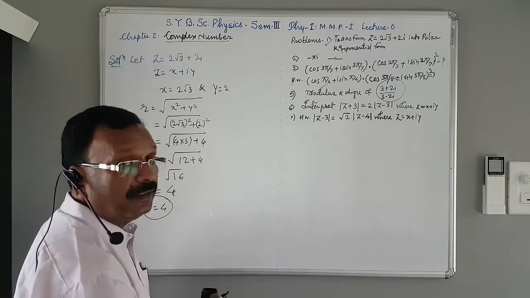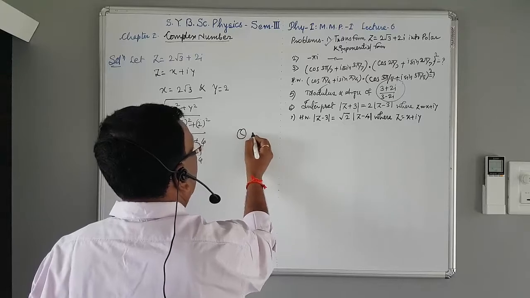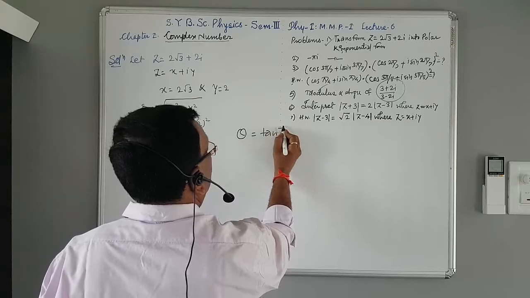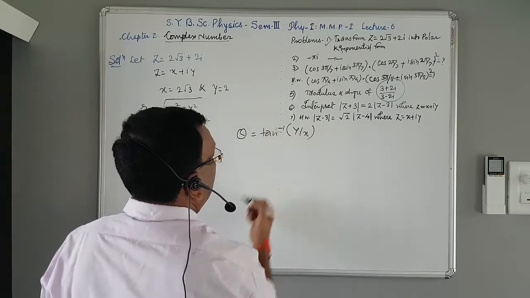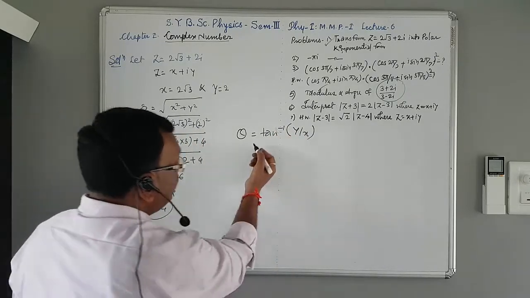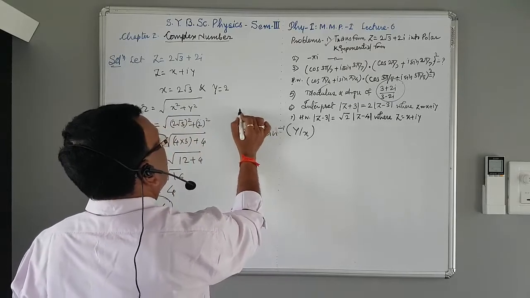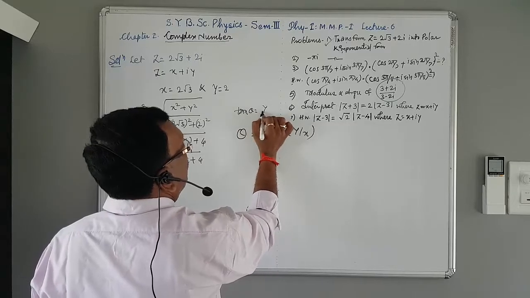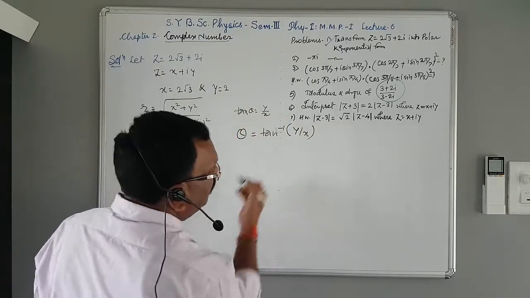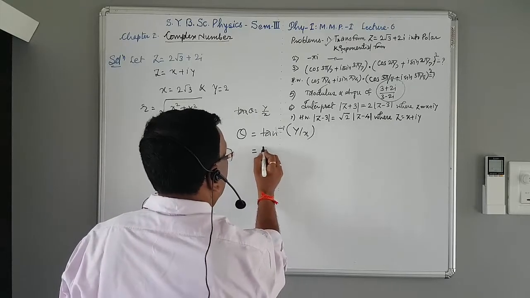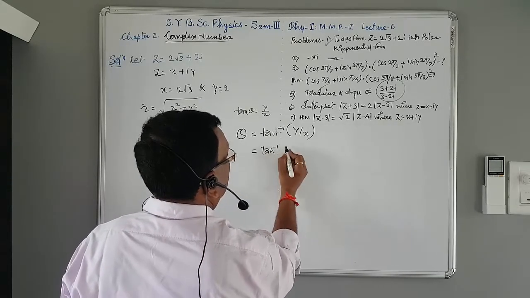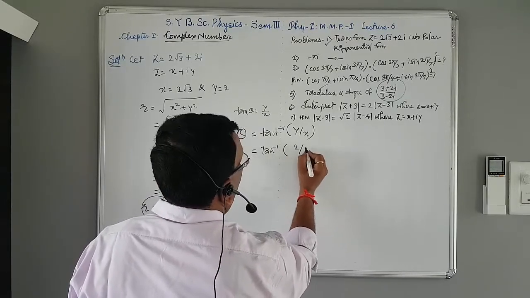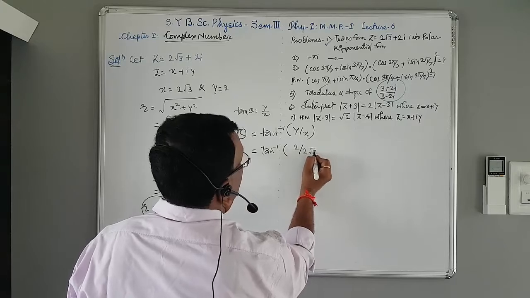Now we have to obtain the phase angle or argument, that is theta is equal to tan inverse of (y upon x). This is derived from tan theta is equal to y upon x. Now substitute the values of y and x: tan inverse, where the value of y is 2 and the value of x is 2 root 3.